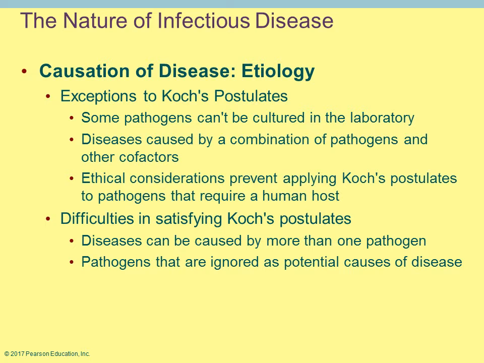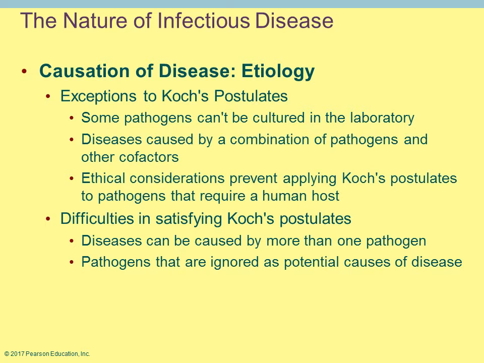And certainly the step of number 3, where you need to inoculate the suspected organism into a healthy individual, be it an animal host. There are some diseases that only have a human host that we are aware of.